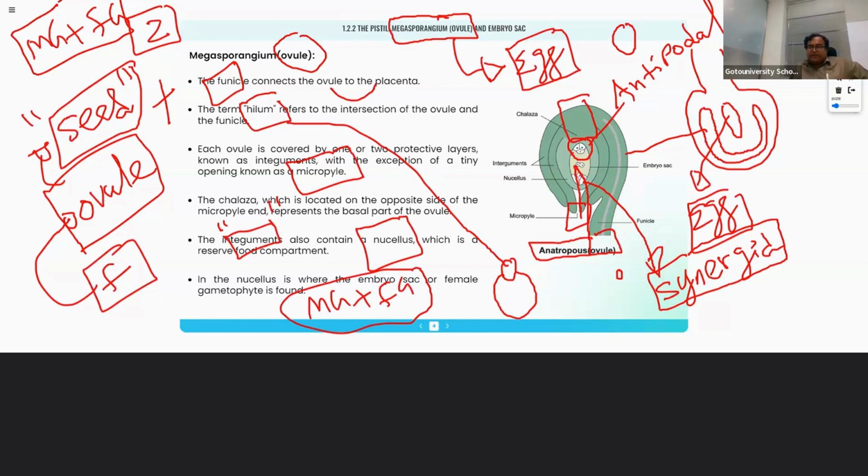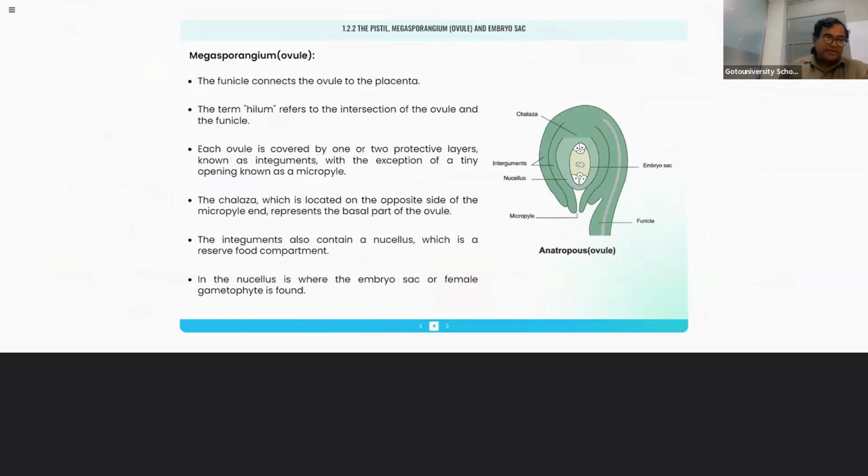So we should be very careful in understanding all these messages, right? Again I'm saying to you, calmly listen to me. Do not worry about it, okay? Here, the word chalaza indicates the base of the ovary. The quite opposite of the chalaza is micropyle. The opening of the micropyle is called hilum.